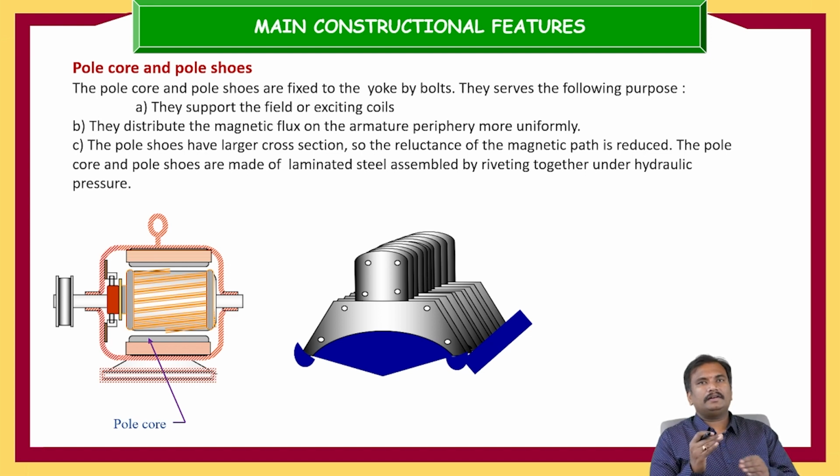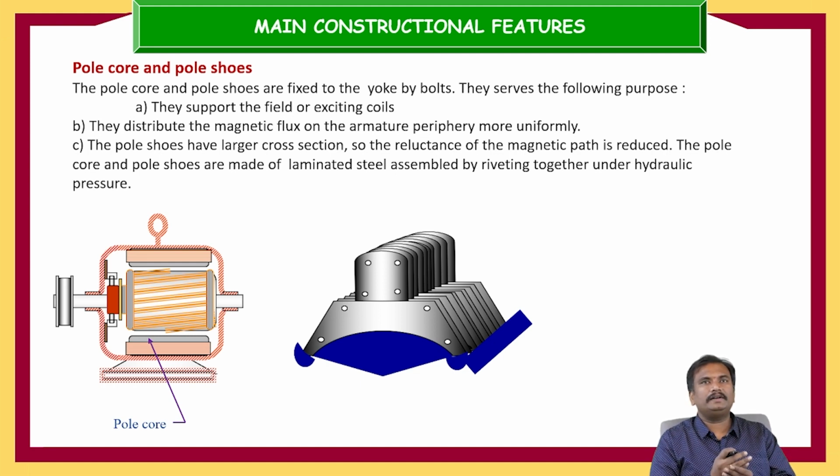And on the yoke, in order to place the windings, we need the pole core. We need some magnetic material where we are going to place the windings in order to generate the main flux.